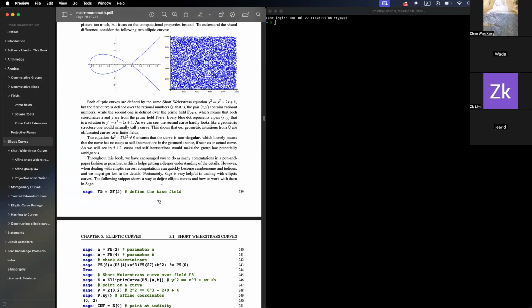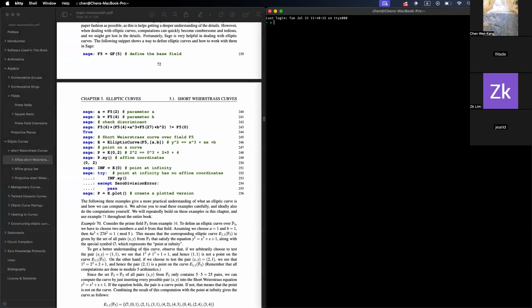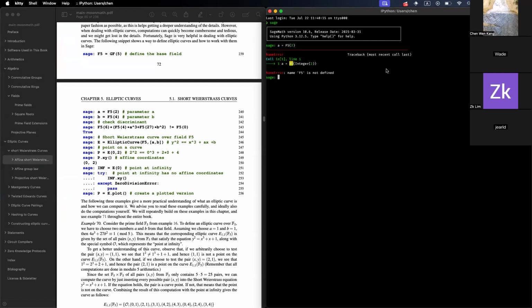Okay, so I'll just do one plot so that you can see. Let's do Sage, A equals F5. So this is in a field of 5. I have to define F5 as the group first. So group 5. Okay, A equals F5, B equals 5, 4.